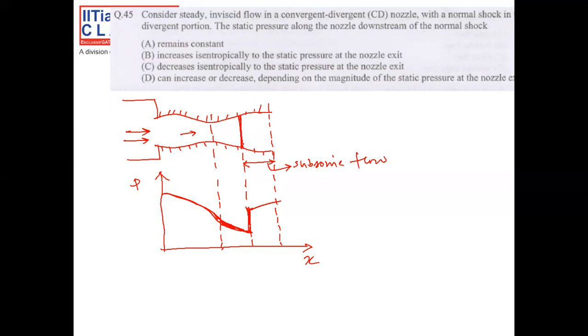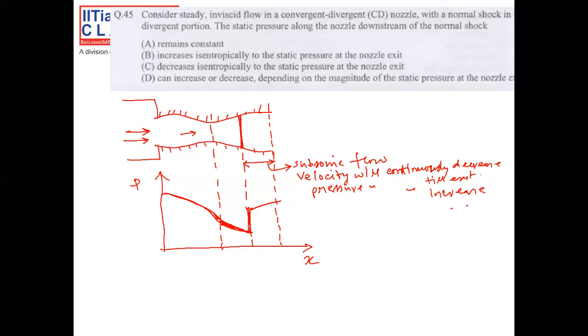And as this is the divergent portion, the velocity will continuously decrease till the exit, which means pressure will continuously increase till exit.